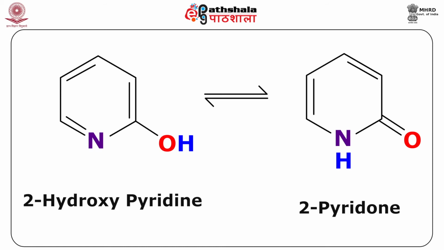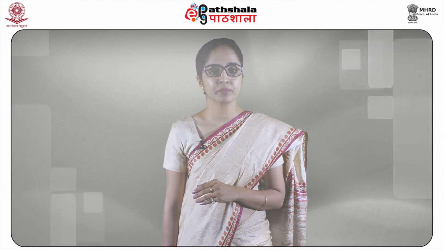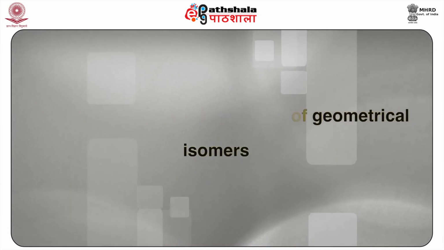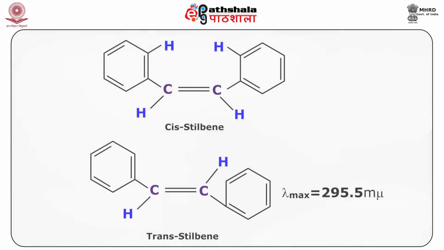Now next is the application of UV visible spectroscopy in the determination of configuration of geometrical isomers. The cis geometrical isomer suffers distortion and is forced to be non-coplanar and thus absorbs at lower wavelength.